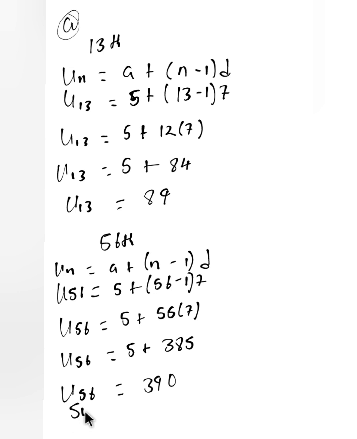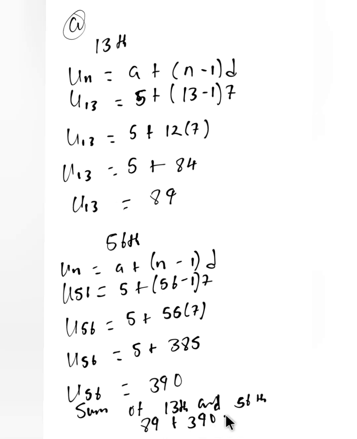Hence, the sum of the 13th and 56th term becomes 89 plus 390, and that will give us 479. So 479 is the sum of the 13th and 56th term.